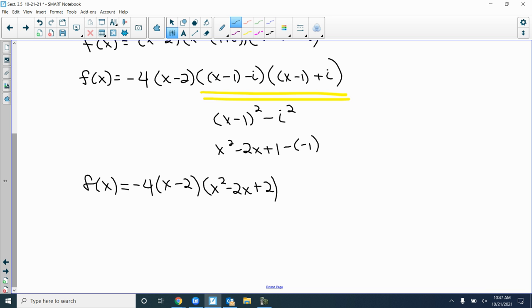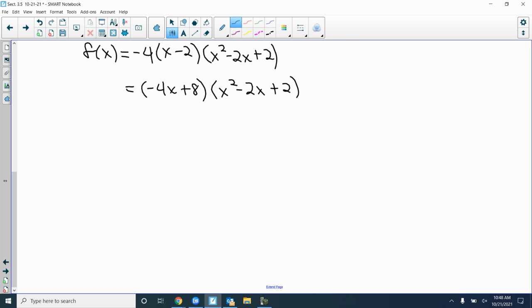Here's your option. You either multiply that x minus 2 times that and then take -4 times the whole thing, or you can distribute the -4 to one of them. You don't distribute to both of them. So I'm just going to do that to make it quicker. That makes it -4x plus 8 times x squared minus 2x plus 2. And once we finish that, we'll be good.